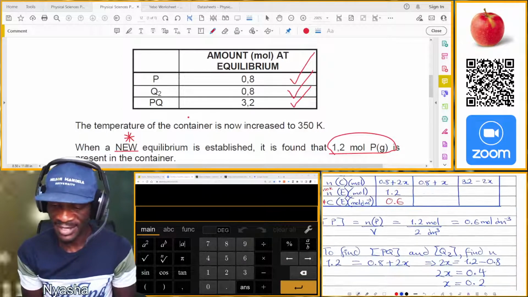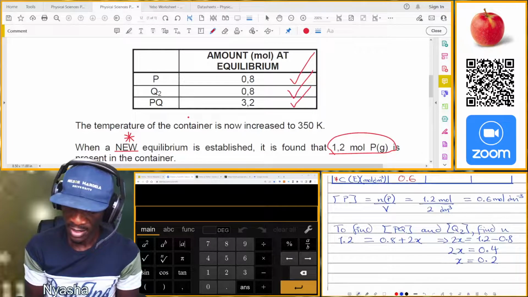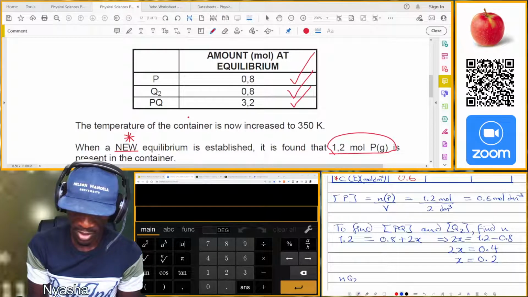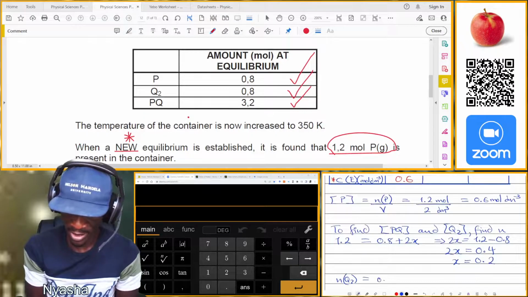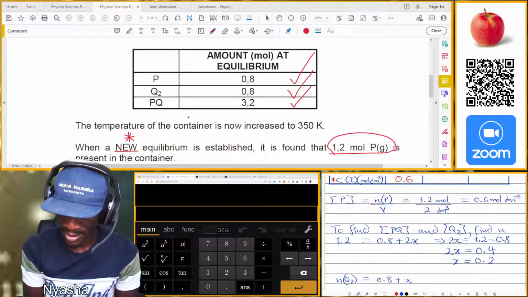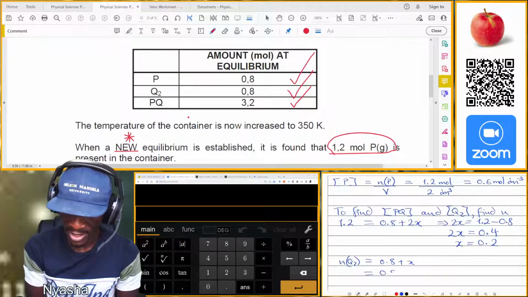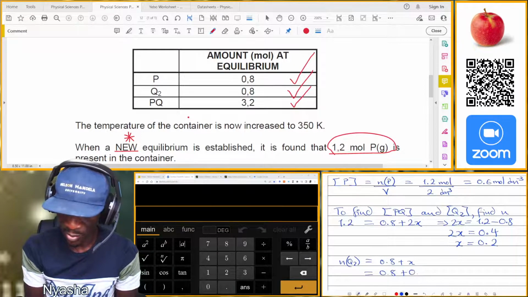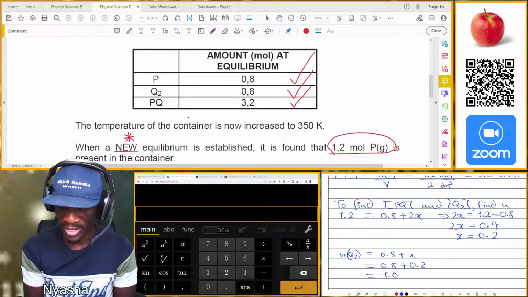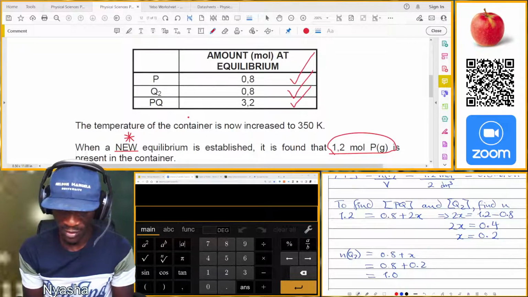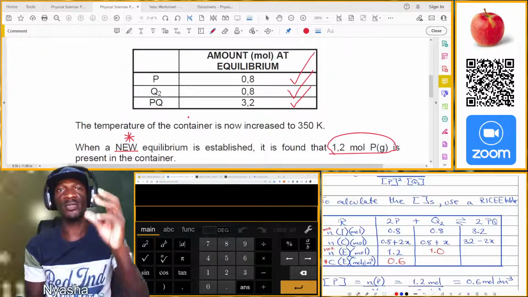The number of moles of Q2 are simply equal to 0.8 plus x. 0.8 plus x, which is 0.8 plus 0.2. And this is equal to 1.0. So we now have a number of moles for Q2. Q2 has 1.0 moles. Q2 has increased.